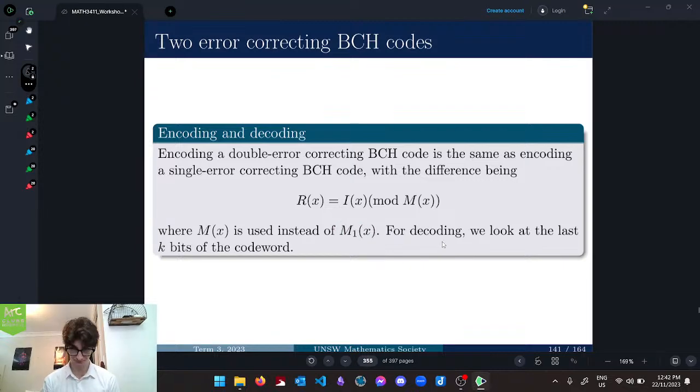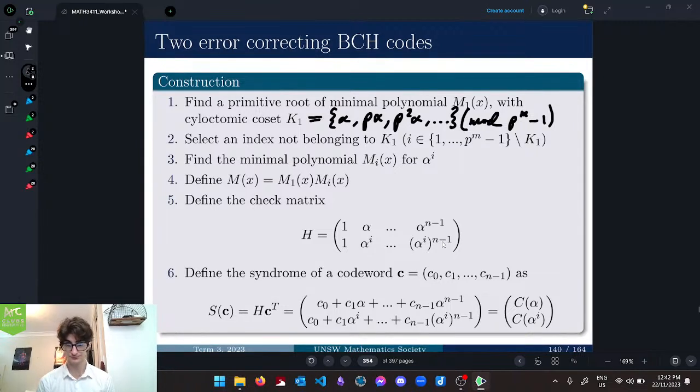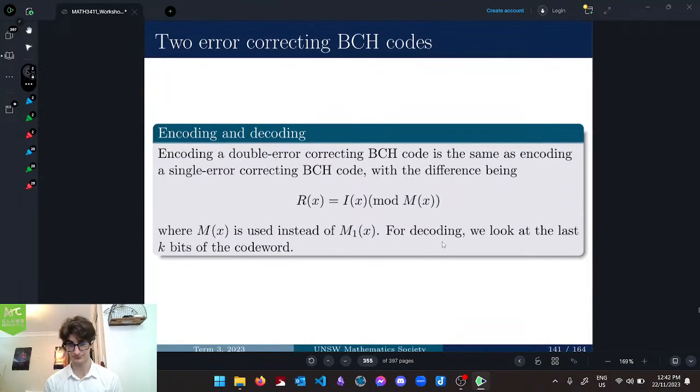So we've just got to expand on it a little bit by using our product here. So rather than m1, m1 times m_I. For decoding, we look at the last k bits of the code word.